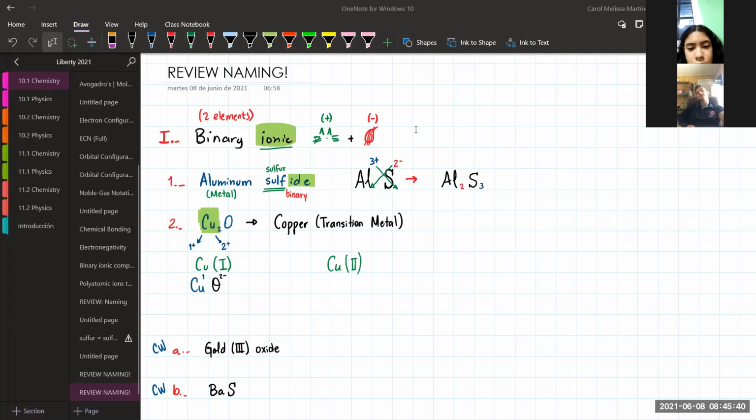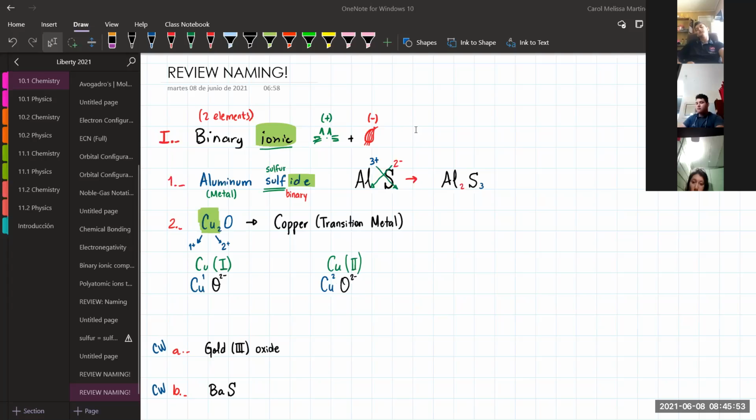On the other side, you could have copper with a charge of 2 combined with oxygen, which has a charge of -2. So we crisscross the charges that are different than one, and on the other side, you have the same charge but different symbols, so they're going to be cancelled.